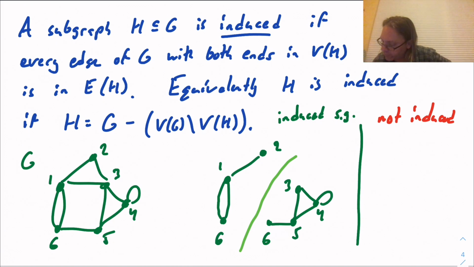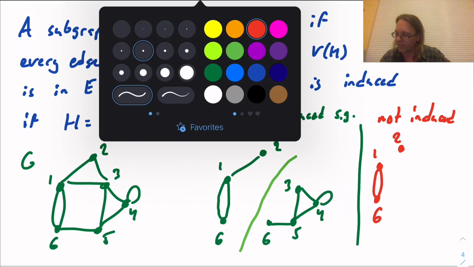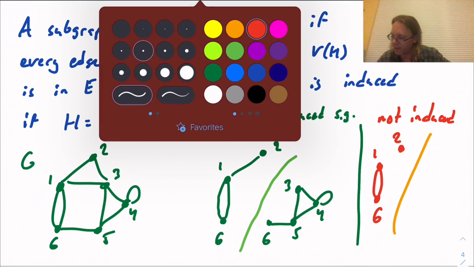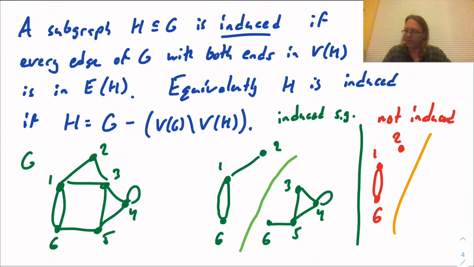So for instance, there's a non-induced subgraph with vertex set 1, 2, 6. Let me make a non-induced subgraph with vertex set 3, 4, 5, 6. I'll follow the same pattern I had before.